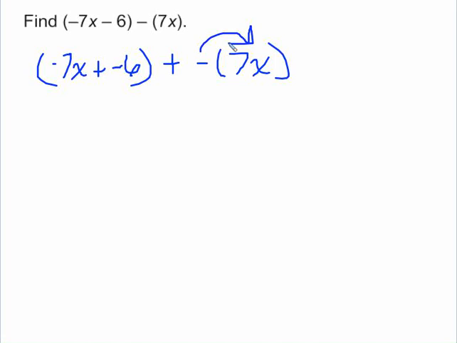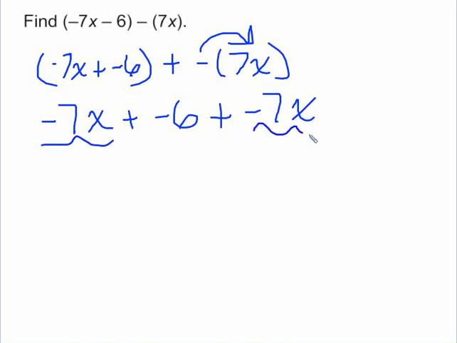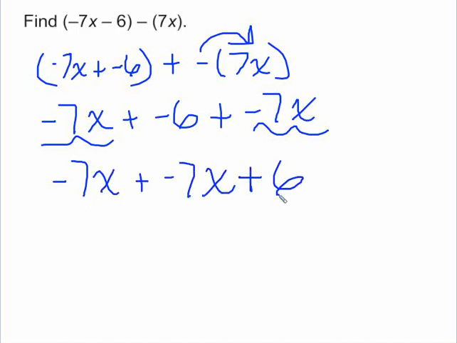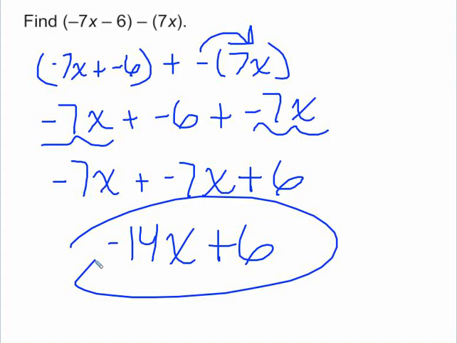So when I go ahead and rewrite this problem without the parentheses, I'm going to have negative 7x plus negative 6 plus negative 7x. I only have two like terms, so I'm going to rewrite this as negative 7x plus negative 7x plus 6. My final answer is going to be negative 14x plus 6, and I'm done here. There's nothing more that can be combined or simplified.